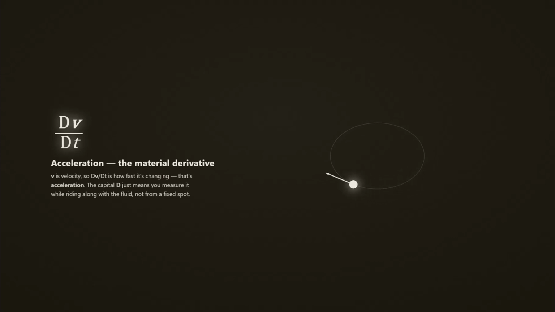And a changing velocity is acceleration, or there is an acceleration which keeps the velocity changing, right? And the capital D just means we measure it while we're riding along with the particle. This is perfect for us because our particles literally do that. And this is one advantage of particle-based fluid simulations.